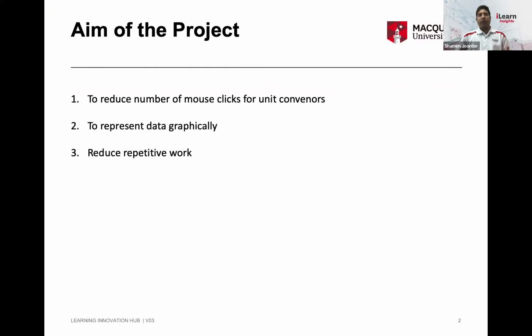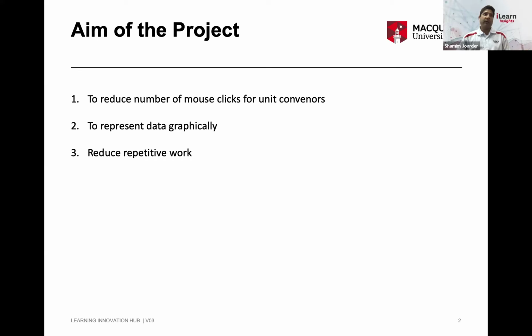So before going into the presentation, let us understand the aim of this project. The main aim of this project was, or is, to reduce the number of mouse clicks for unit conveners. If you look at the number of mouse clicks you need to go from one place to another place in iLearn, it's quite a lot.